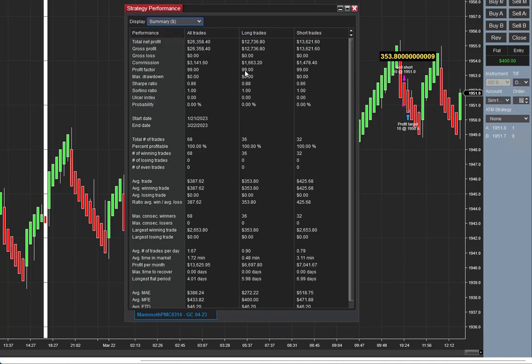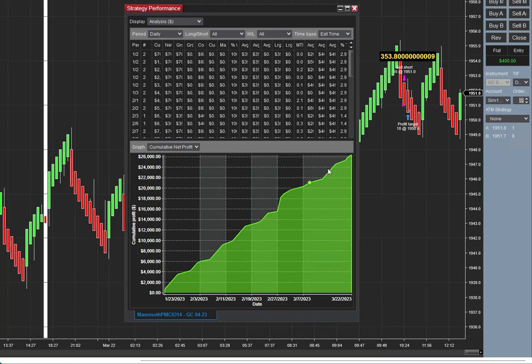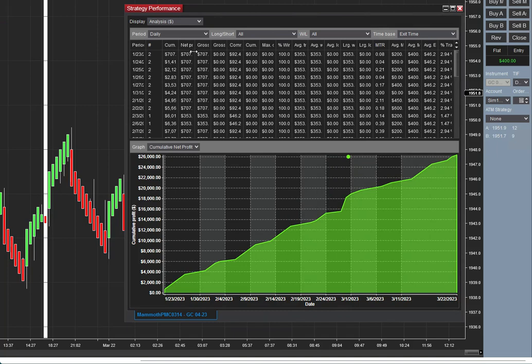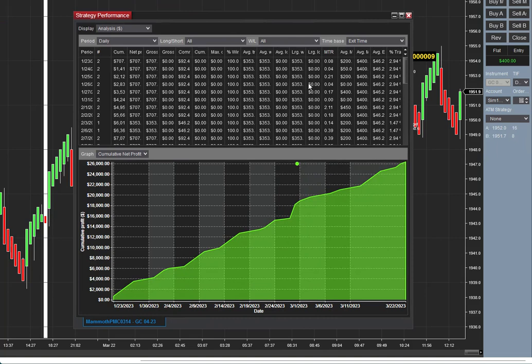Now, for gold, you look at analysis, and the graph is fantastic. You look at the daily net profits around 700 or 300, either 1 trade or 2 trades. You have 2 trades, you have that profit. Now that's 10 contracts. In other words, if you hit a stop loss, you're looking at a $3,800 loss.